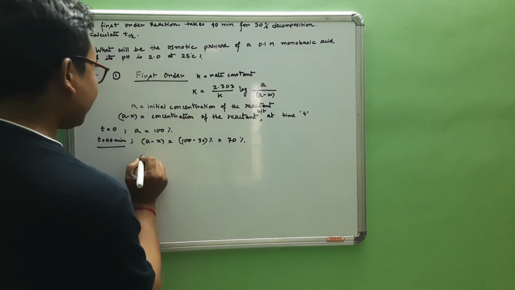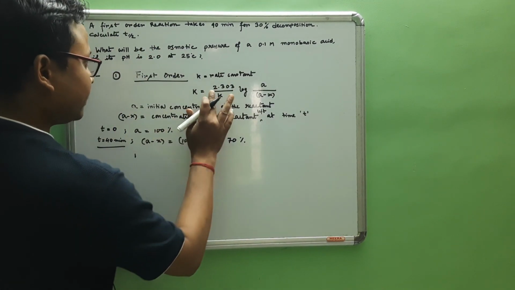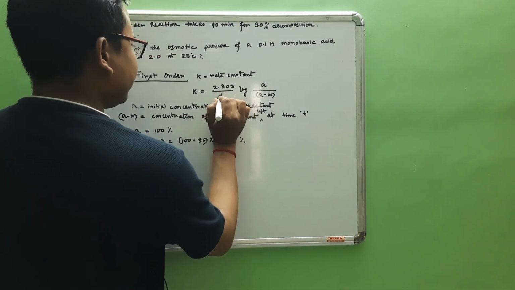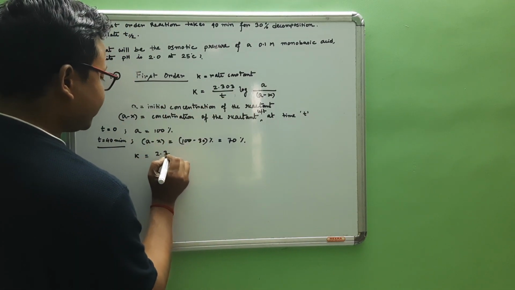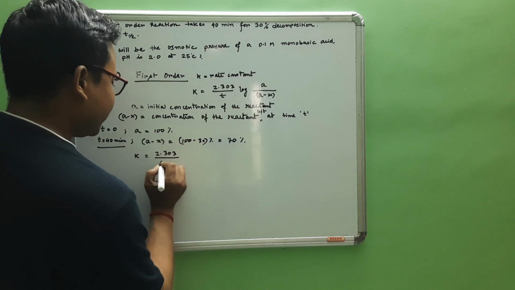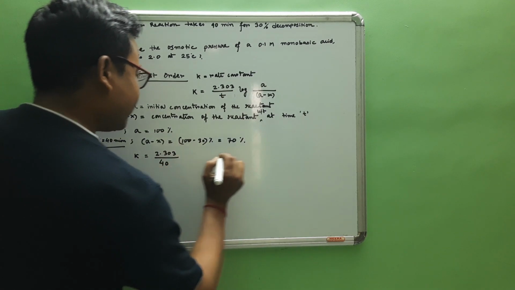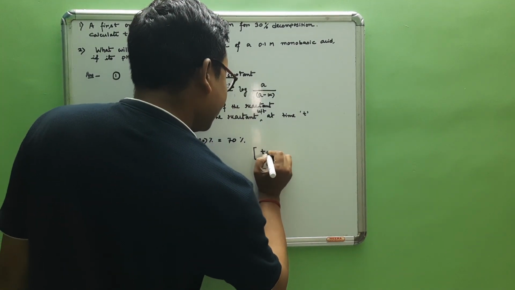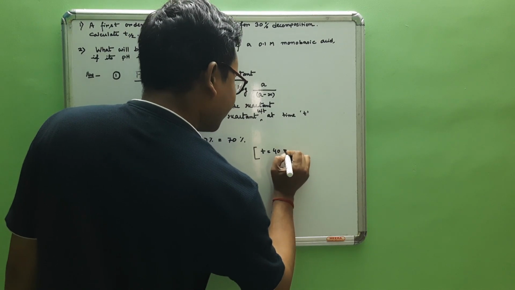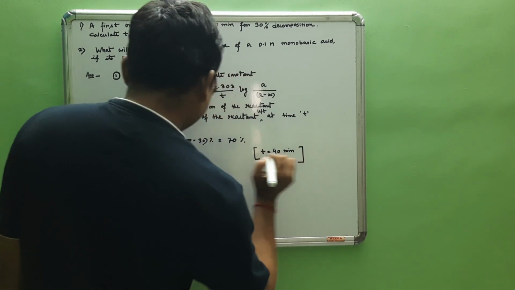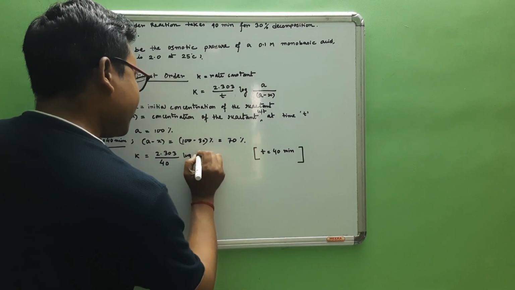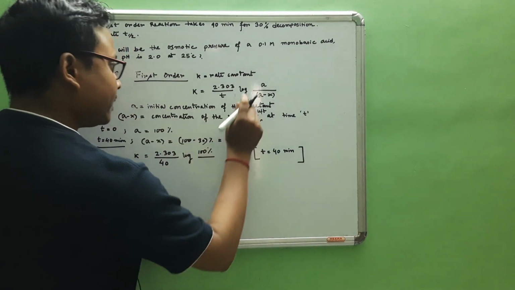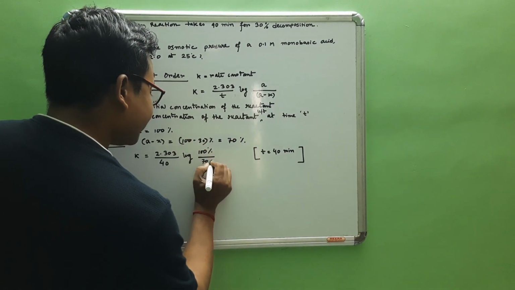So K equals to 2.303 by t, and here what is the t? T is 40 minutes, and log, and what is the value of A? A is the 100% and A minus x is the 70%.